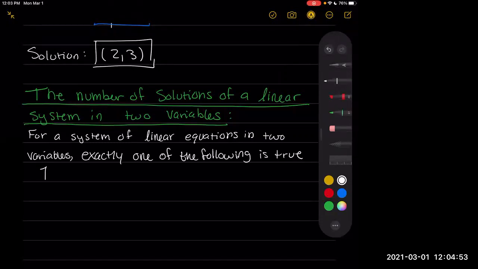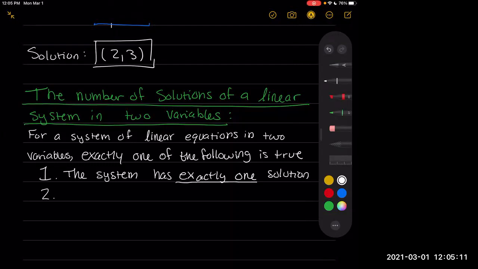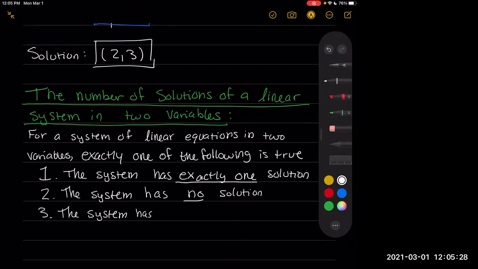So the first one, the system has exactly one solution. 2, the system has no solution. Or 3, the system has infinitely many solutions.